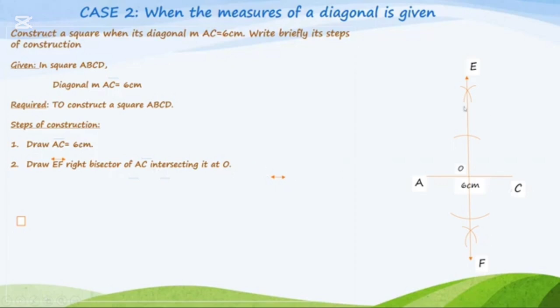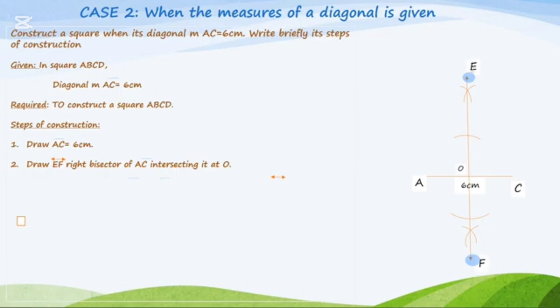Okay. Here we have drawn the bisector EF, and students, you can see the two arrowheads on E and F, which shows that it's a straight line. Straight lines can extend indefinitely in both directions.